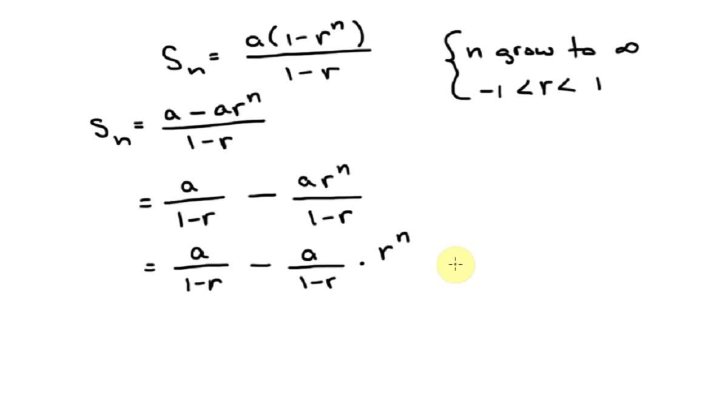So the big thing that I've got to try to analyze here is this whole r to the n business. Now what's going to happen here? So this is the guy I have to examine. Okay? Now let's pick some r value, just to get a feel for this, like say 1/2, some fraction.